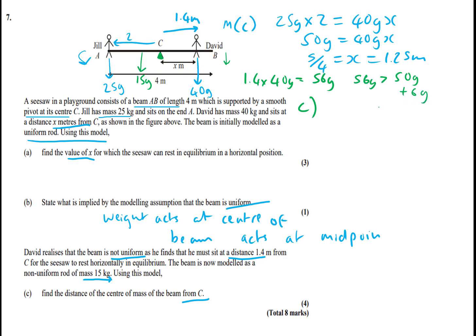So we take moments about C again. So we've got David, which is 40g times 1.4. Now that's going to equal, so that's the clockwise here. Now C is still in the centre, so we've got 15 times yg here, or 15gy, plus Jill 2 times 25g.